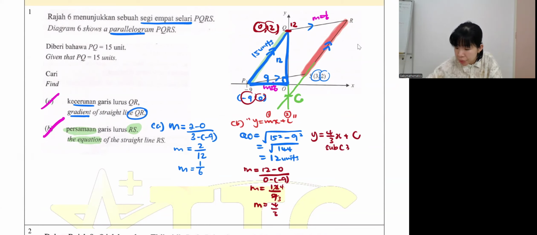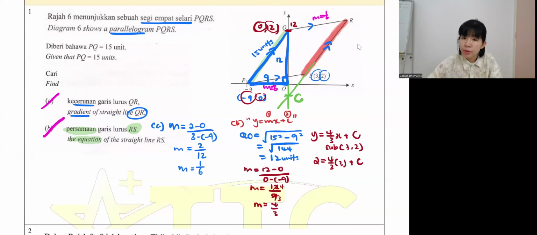We substitute (3, 2): y is 2, 4 over 3 times x which is 3, plus c. The 3s cancel, so 2 equals 4 plus c.